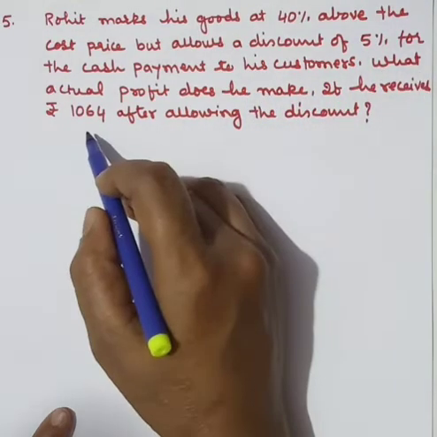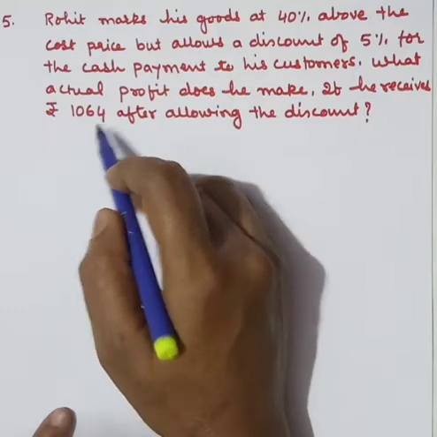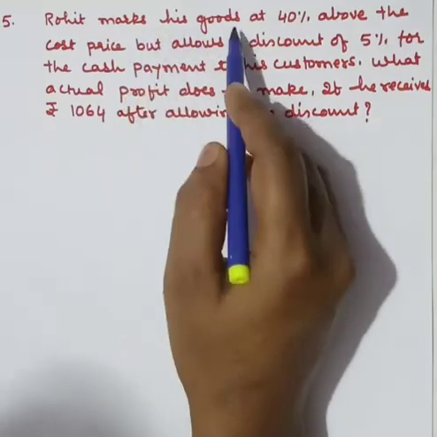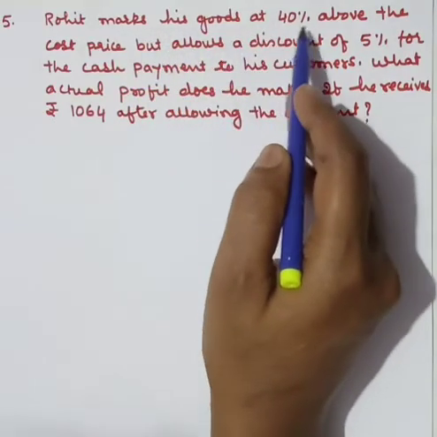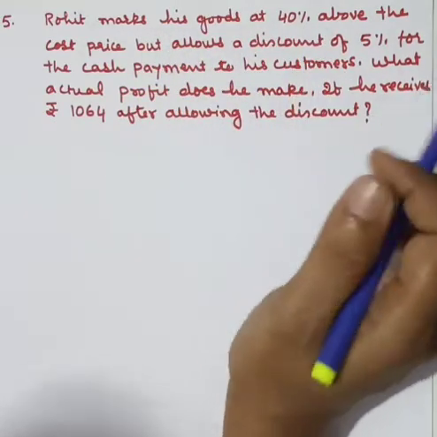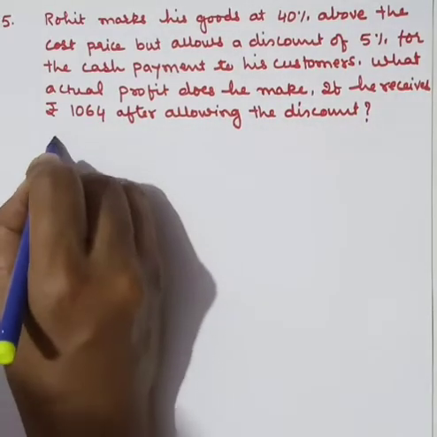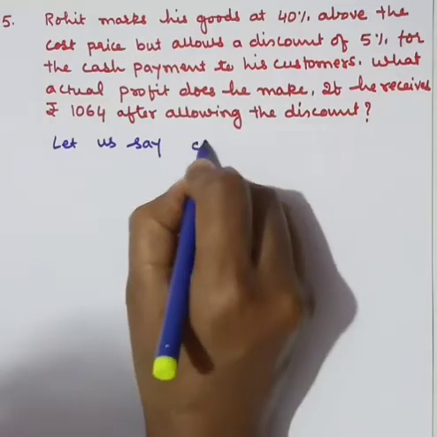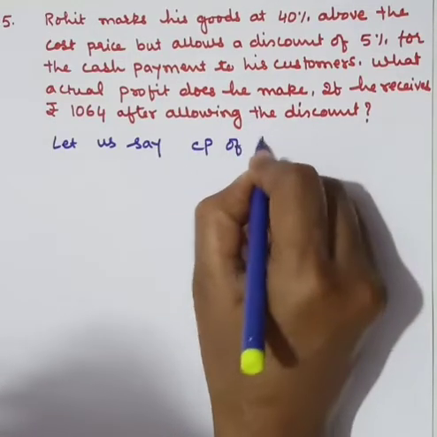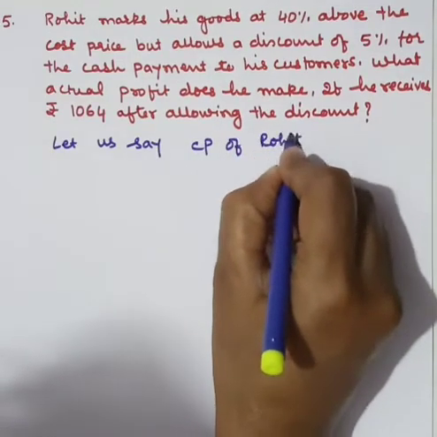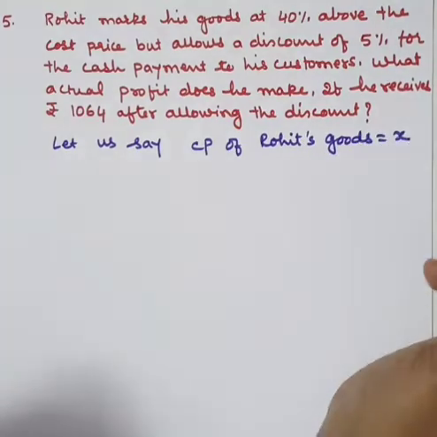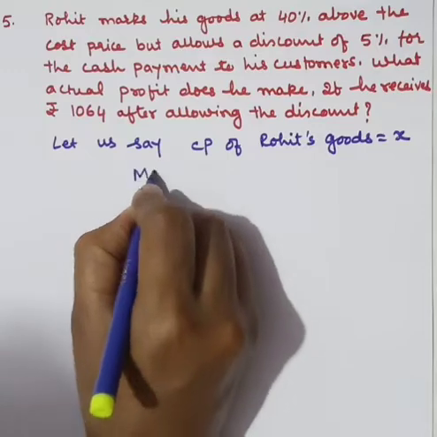Now here, since profit is given 1064, let us say that cost price is X, because if you take cost price as X, you are going to get mark price as X plus 40% of X. That is easy here. Now let us say CP of Rohit's goods is equal to X. So what is the MP?